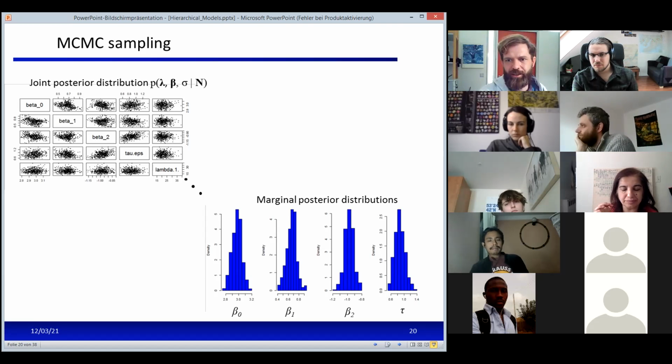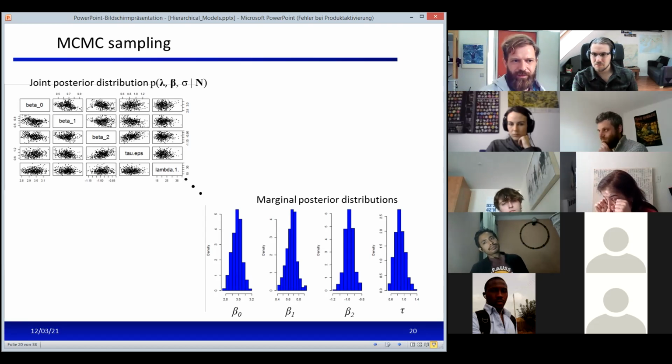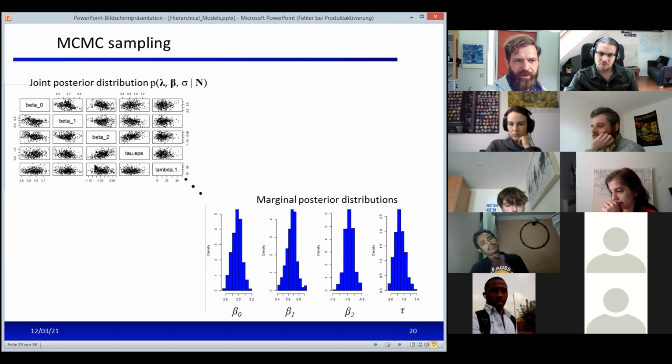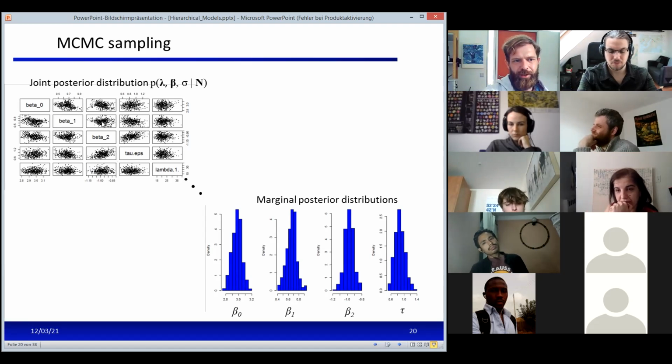So based on my data, I learned that I might either have a small beta 1 and a rather high beta 2, or the other way around. And I think that perfectly reflects what I can learn about these parameters from my data.